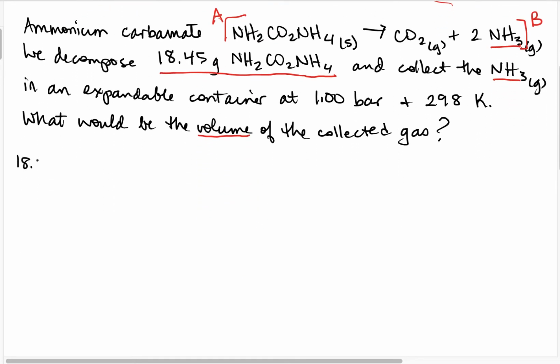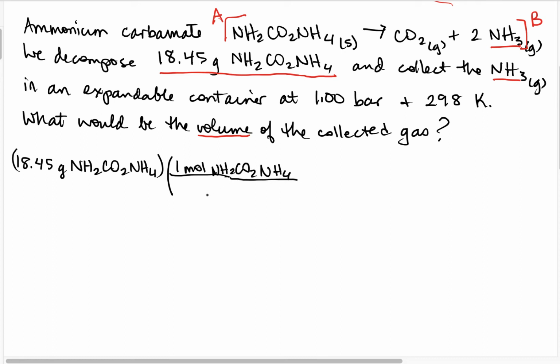We start with 18.45 grams of ammonium carbamate. And we need to convert that into moles, so we need the molecular weight. And when I calculated it, I calculated 78.0704 grams.